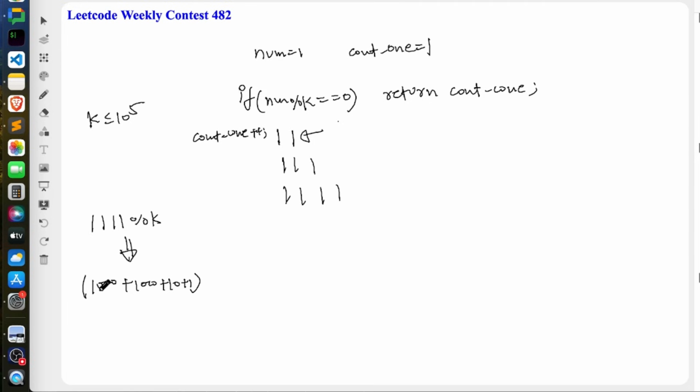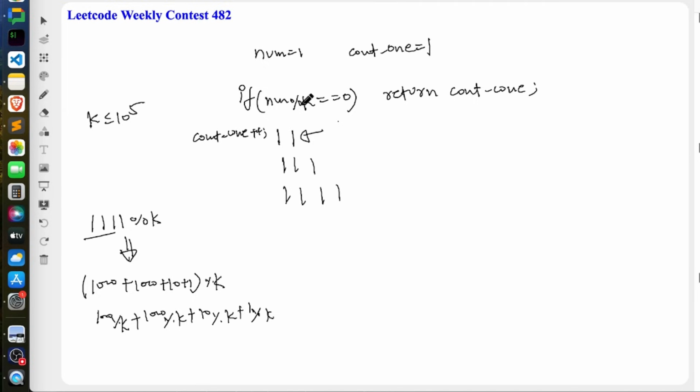And we know from the modulo property that (a plus b plus c plus d) modulo k is nothing but a modulo k plus b modulo k plus c modulo k and so on. So this is 1000 modulo k plus 100 modulo k plus 10 modulo k plus 1 modulo k, and so on.